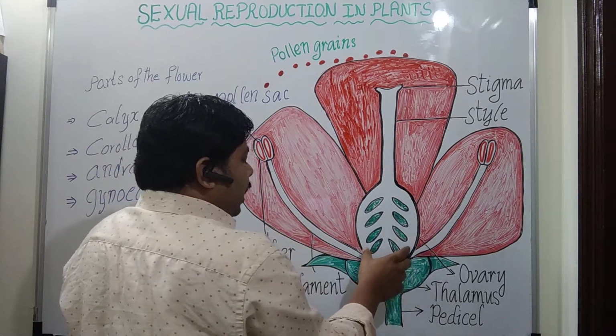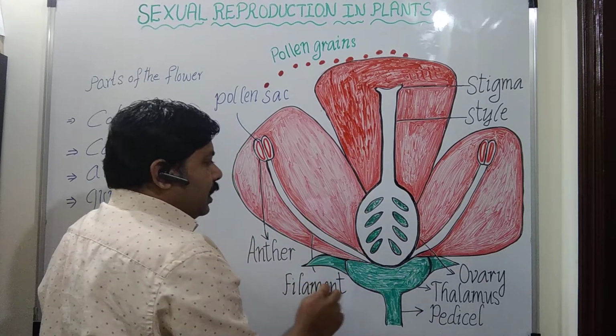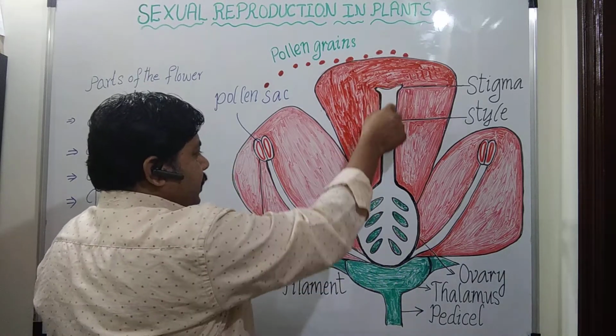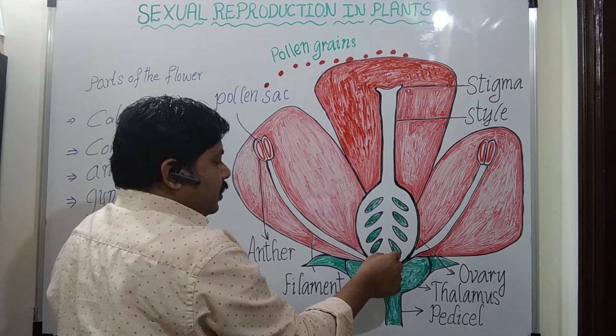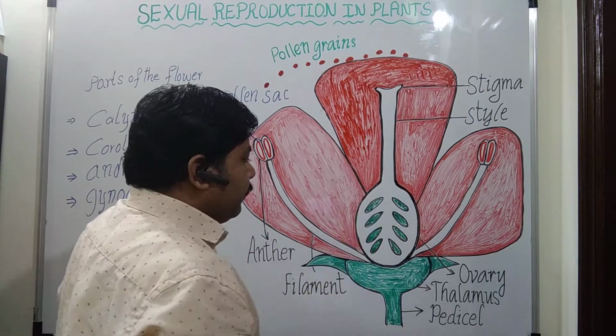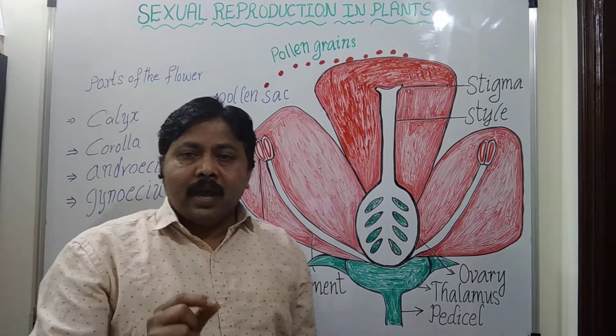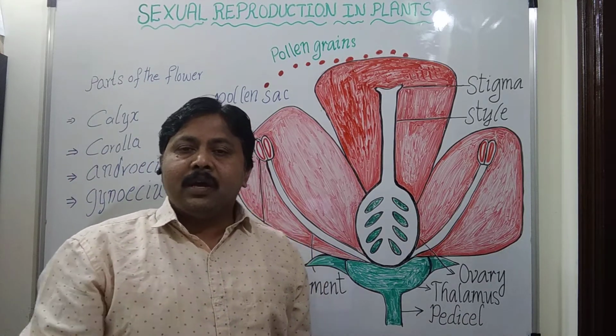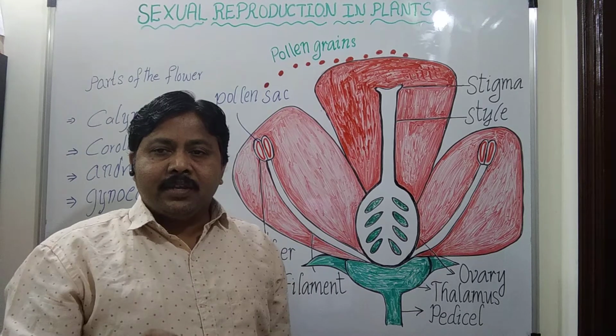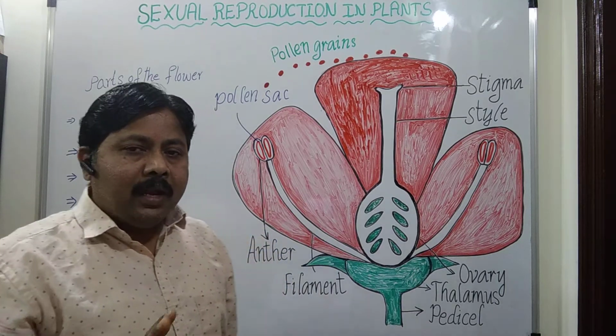Next, the last and final whorl, the fourth whorl, is the gynoecium. This is the gynoecium part. What is the importance of the gynoecium in the flower? Gynoecium represents the female structure.